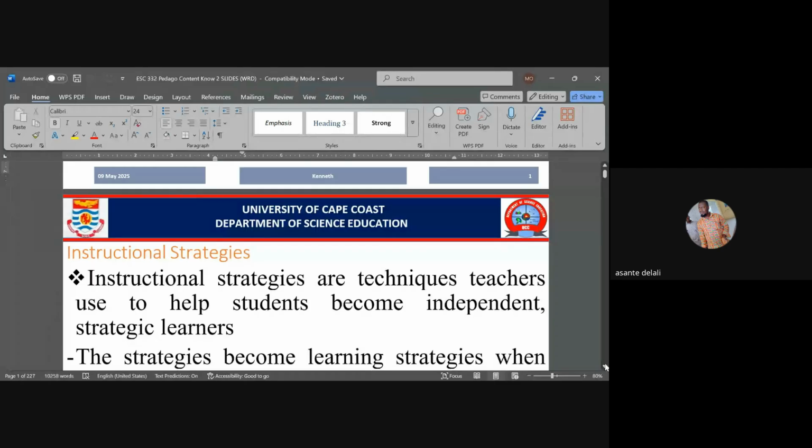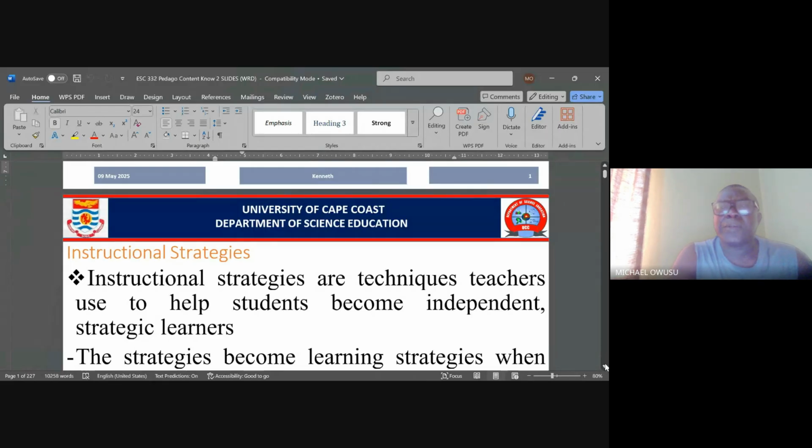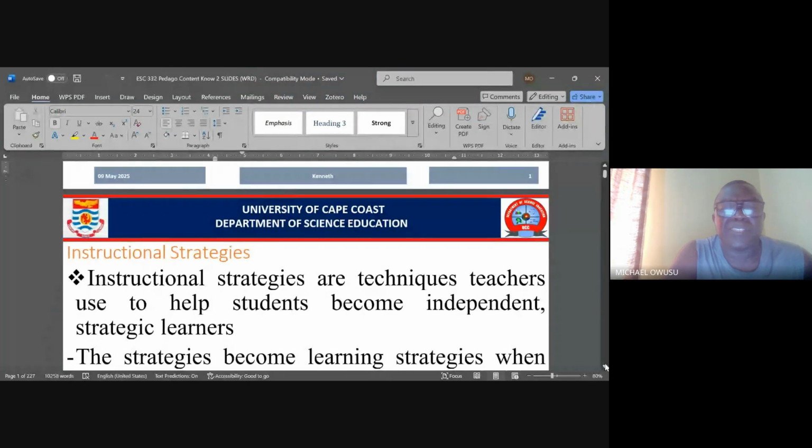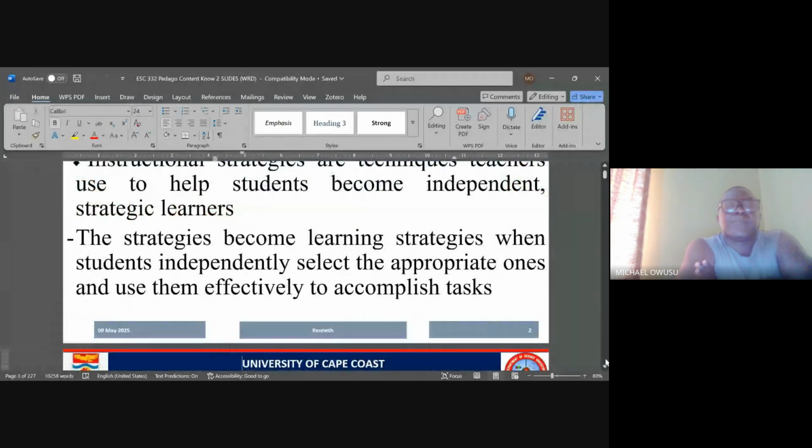You have so many plans for your students as to what you are going to teach them. So the instructional strategies are the strategies that you as a teacher will use to help your students become independent and strategic learners.